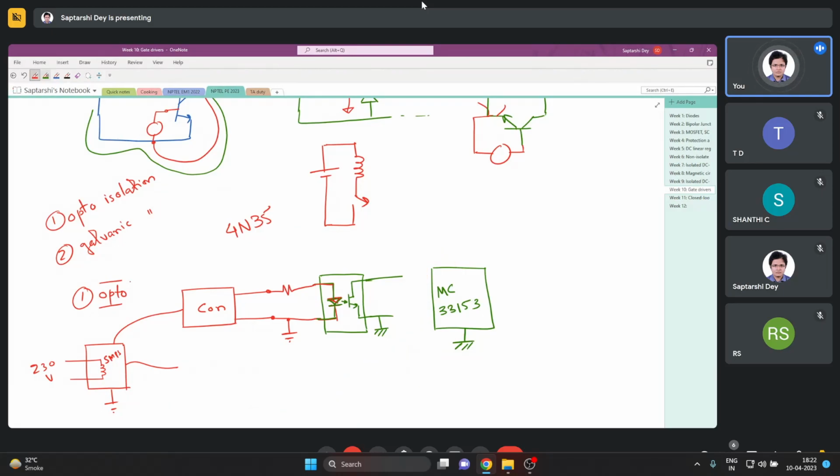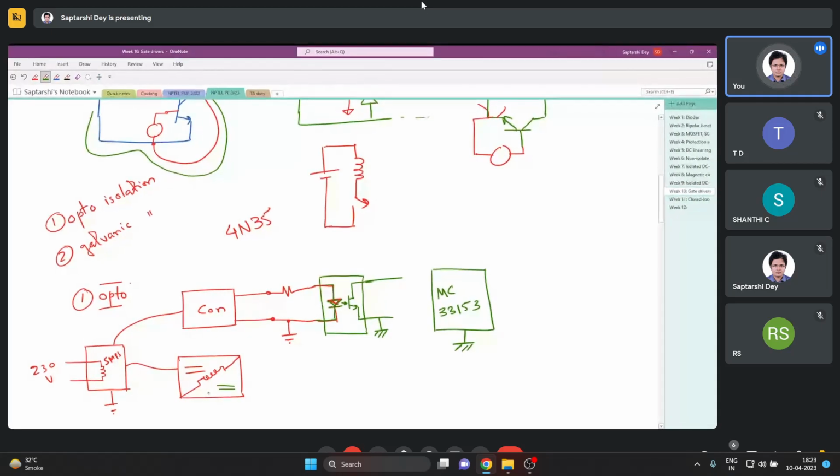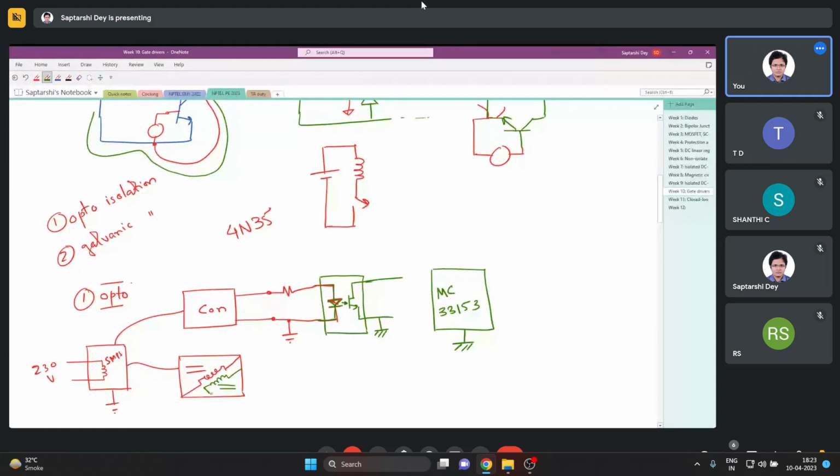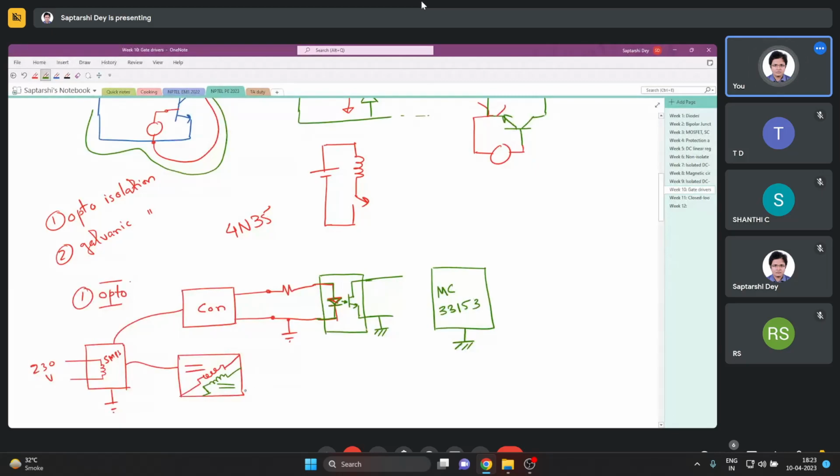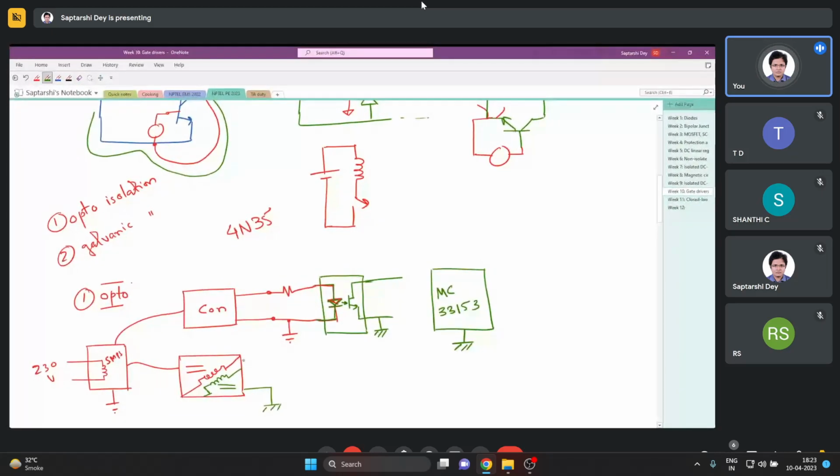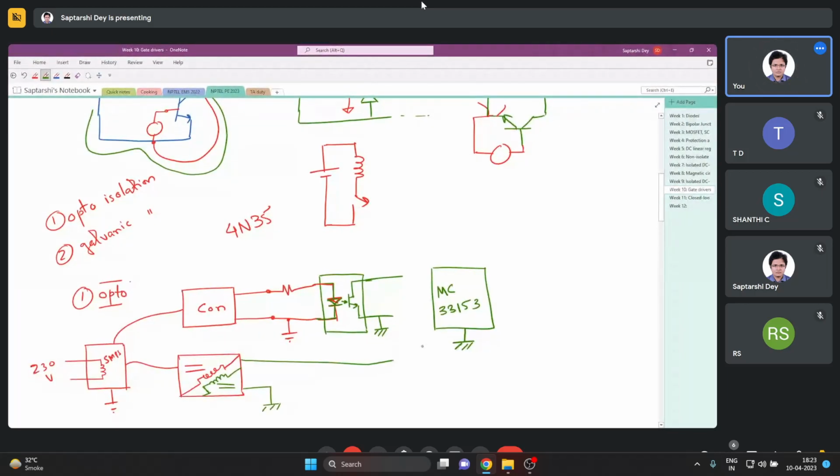So what I have to do is have another isolated power supply, and this must be an isolated power supply. This may be a flyback, this may be a forward, but it must be isolated. Once you do that, this thing has its own ground, and you can supply power using this.